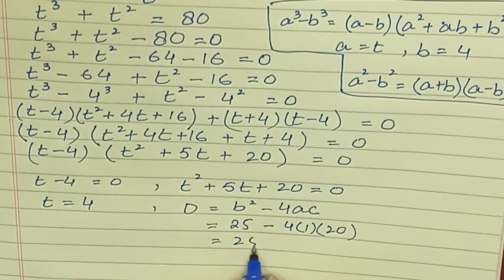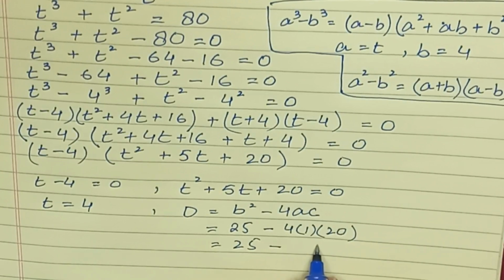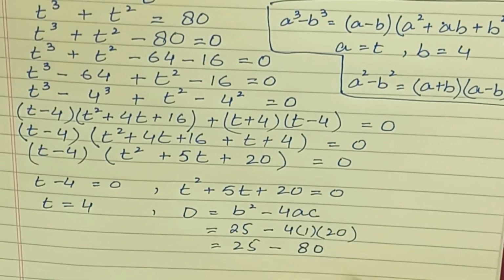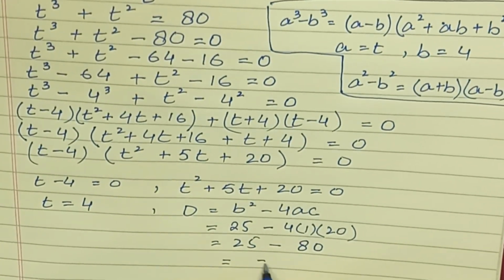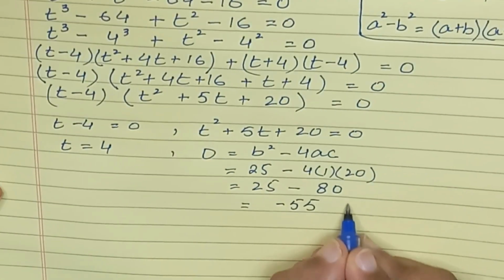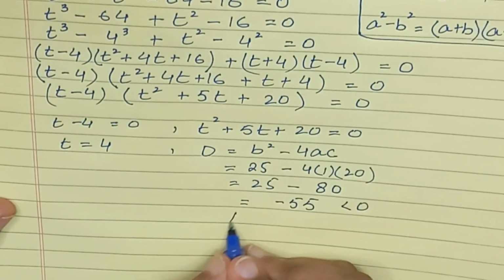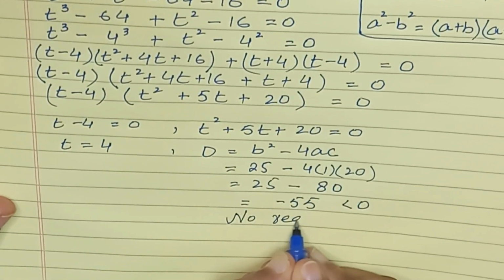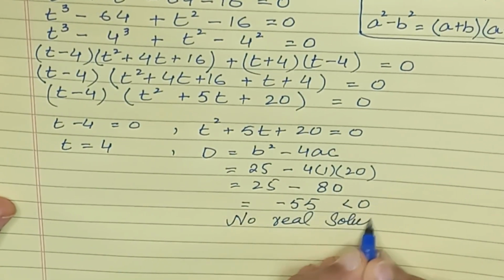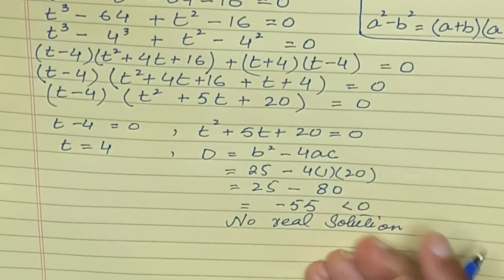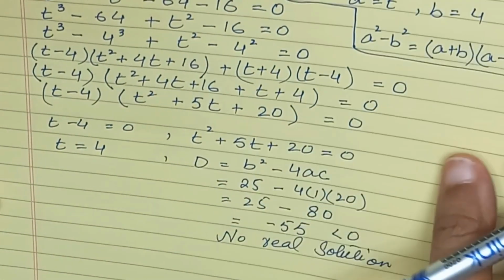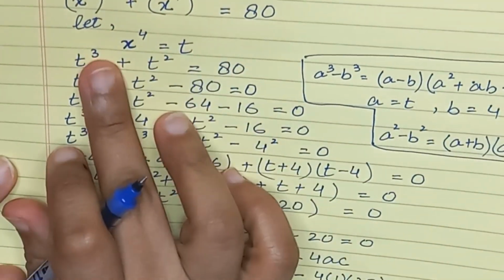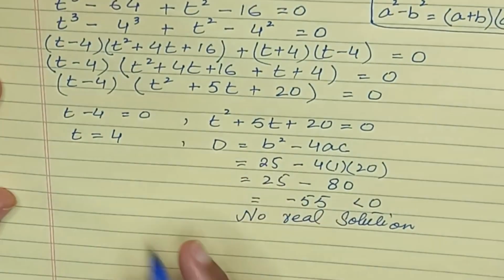So it will become 25 minus 80, which is equal to negative 55, and it is less than 0, so it means it has no real solution. So the real solution is t is equal to 4, but t is equal to x raised to the power 4.